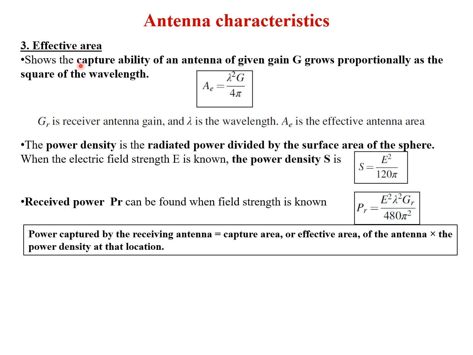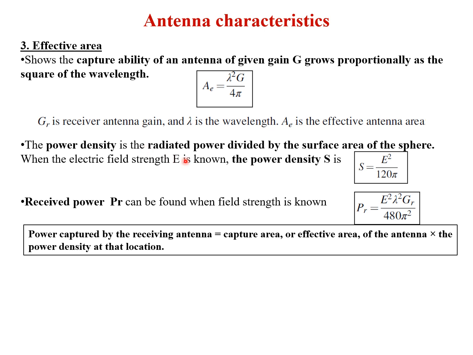The next characteristic is effective area. The effective area shows the capturability of an antenna of a given gain. It grows proportionally to the square of the wavelength, where G is the receiving antenna gain, lambda is the wavelength, and A is the effective antenna area. The power density of the antenna is the radiated power divided by the surface area of the sphere.